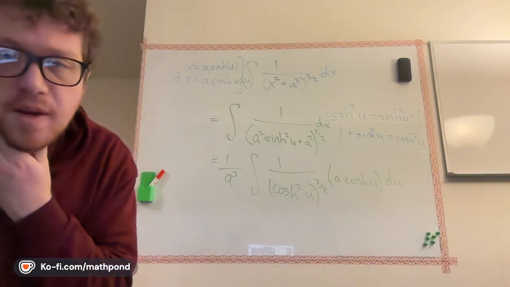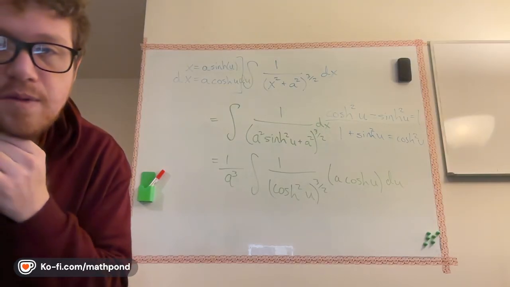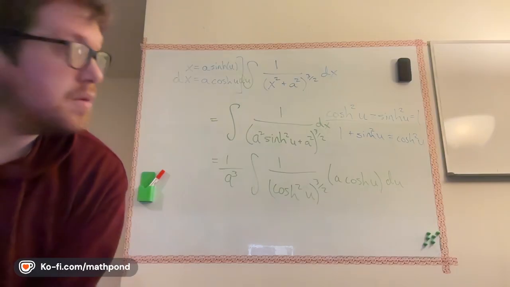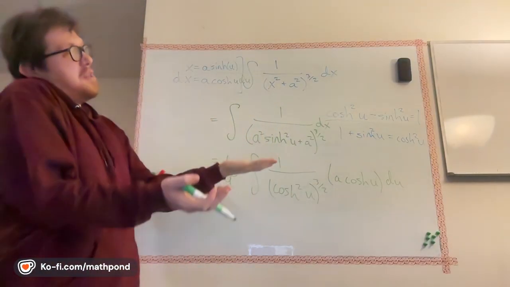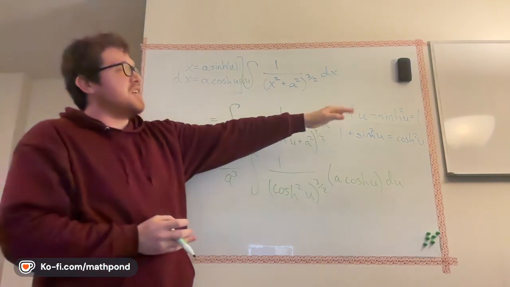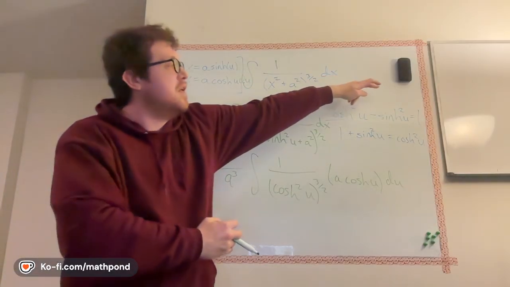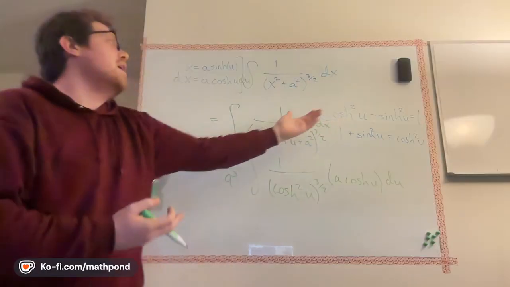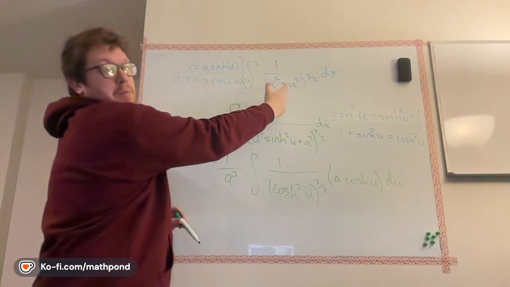The main question, to be honest, is how do you even come up with the hyperbolic substitutions? I can get the trig substitutions, but the hyperbolic seems kind of out of the blue. Well, if you know the trig substitutions, I feel like they're equally weird. It's either sine squared plus cosine squared is 1, or hyperbolic cosine squared minus hyperbolic sine squared equals 1. There are different permutations of this problem.